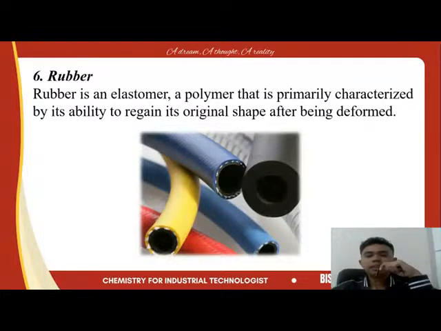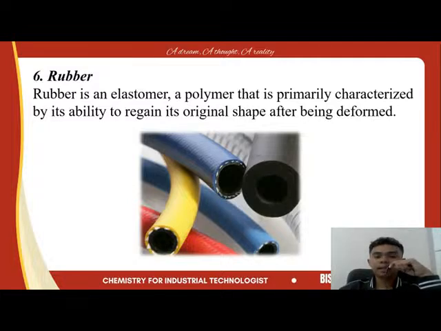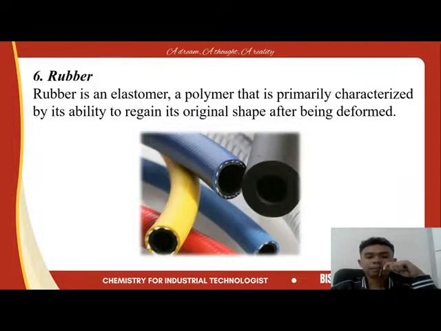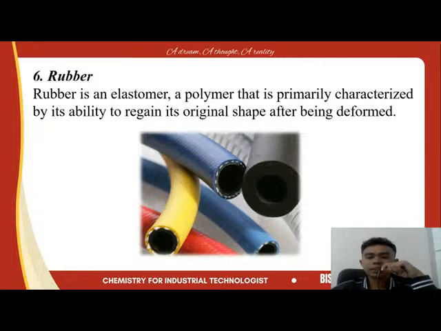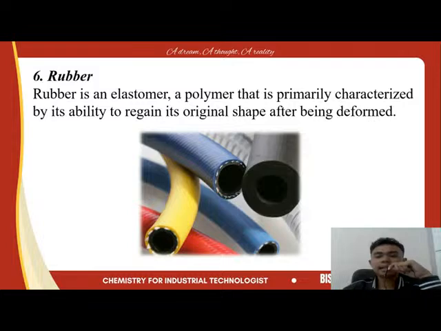Next, we also have synthetic rubbers. Synthetic rubbers are made in chemical plants. One of the most commonly known synthetic rubbers is neoprene, chemically known as polychloroprene. Neoprene has good chemical stability and maintains elasticity over a wide temperature range, making it a preferred material for the manufacture of wetsuits, wrist and orthopedic knee braces, surgical gloves, laptop sleeves, mouse pads, and gaskets.